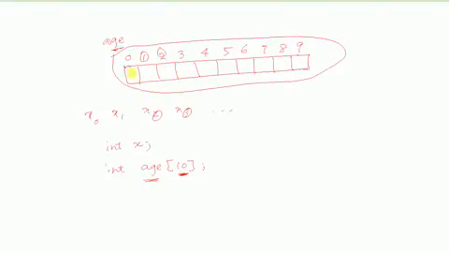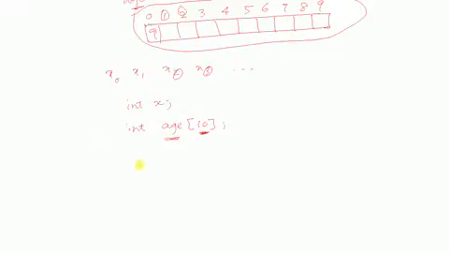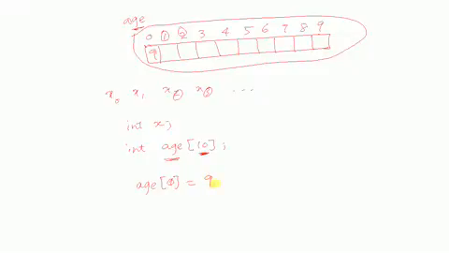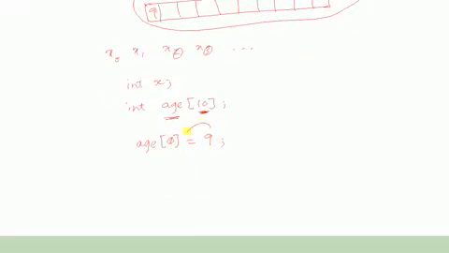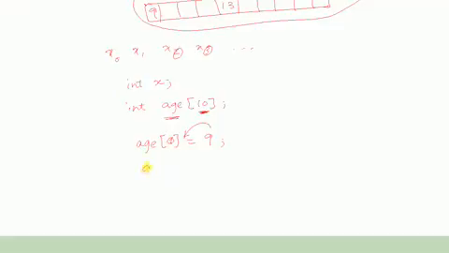And how are we going to access each of these elements? For example, if I want to make this 9 years, how am I going to do that? I say age of 0, whatever the subscript is, we read it as age of 0, which is the 0th element, is equal to 9. Okay, so that puts 9 into age of 0 right here. If I want to put 13 here, what am I going to do?